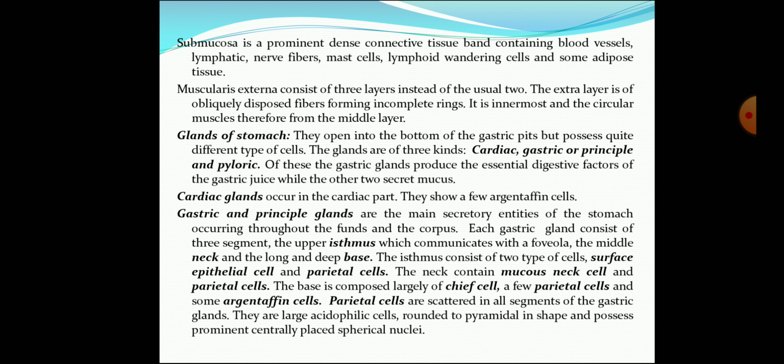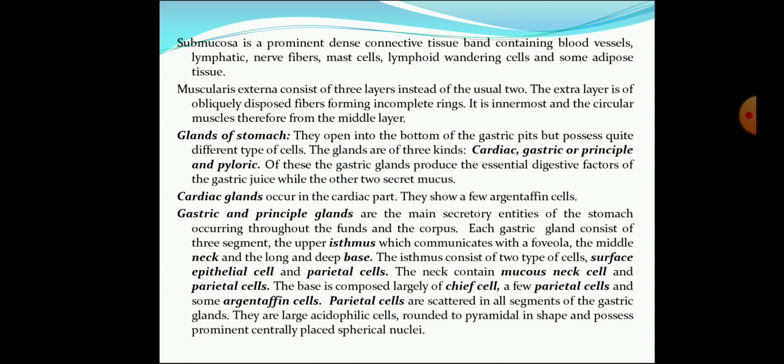The gastric or principal glands are the main secretory part of the stomach, occurring throughout the fundus and corpus. They are simple or branched tubular glands which stain darkly and enclose a narrow lumen.